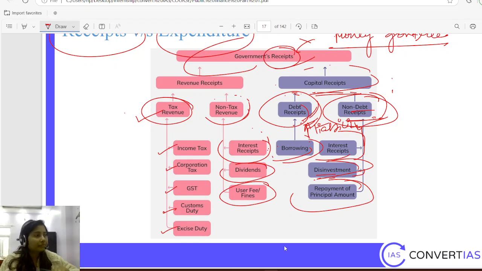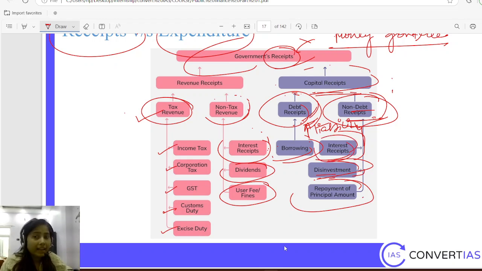Then government ownership is reducing, so the asset of government is reducing, but the money from the shareholding they have sold is coming into the government account. So again it is reducing asset, but money is coming into the government account, so that comes under capital receipt.